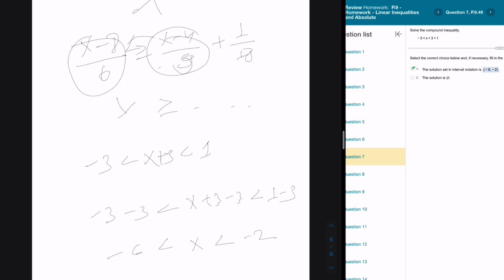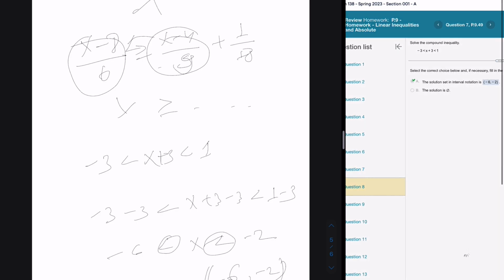So our interval is x belongs to minus 6 to minus 2. Here it is only greater than or smaller than, but it is not an equal sign. That's why we used a small bracket.